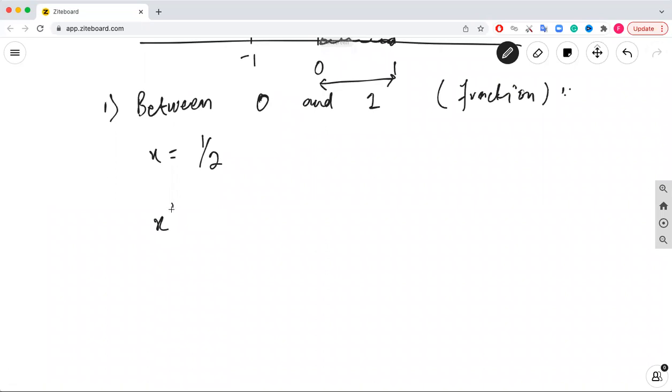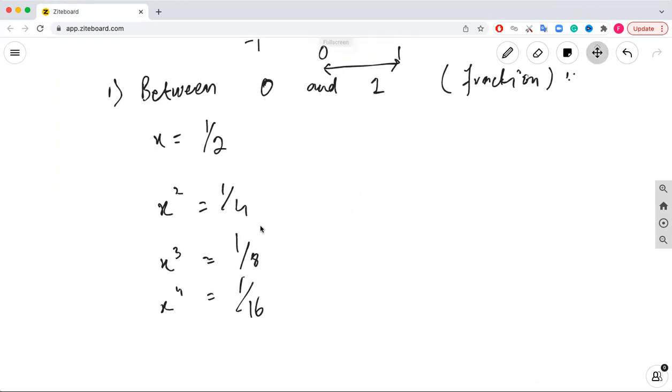If we take the square of this number, the cube, the fourth power, what will be the result? If we take the square, this will be 1/4. If we take the cube, this will be 1/8. It keeps decreasing. If we take the fourth power, this will be 1/16, right? So what is actually happening here is that if we are increasing the power, our value is decreasing, right?